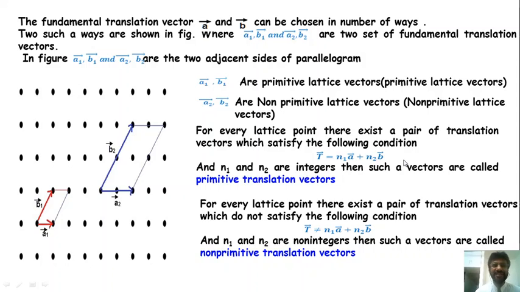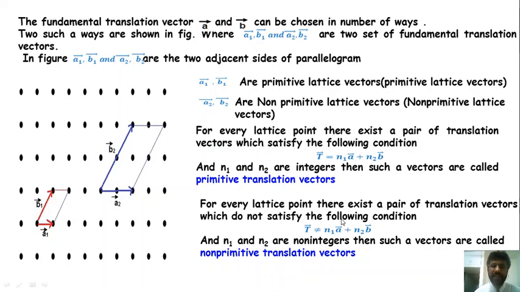Now, from this equation, the values of n1 and n2 also decide which are the primitive translation vectors and which are the non-primitive translation vectors. If n1 and n2 are integers, then these fundamental translation vectors are known as the primitive translation vectors.